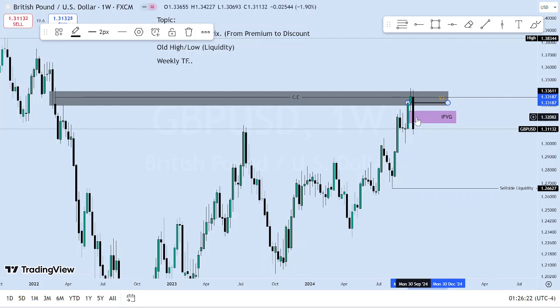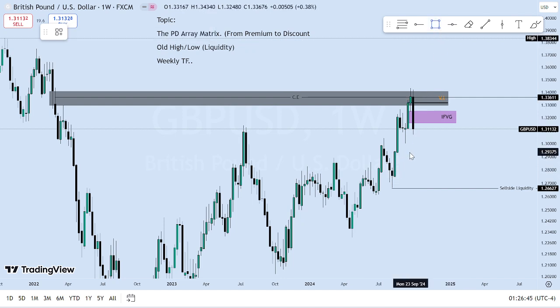So we like to see price deliver into this inefficiency in the coming weeks. Then we like to see a run down to take this liquidity or deliver into this inefficiency. Here is an inefficiency between this candle high and this bullish candle low, the opening.